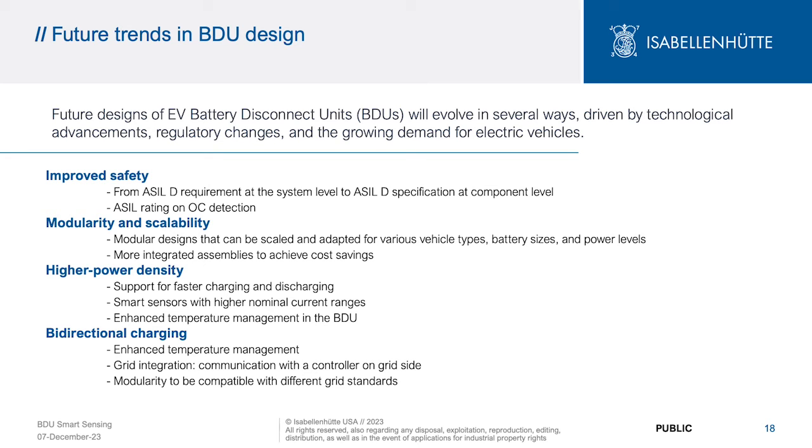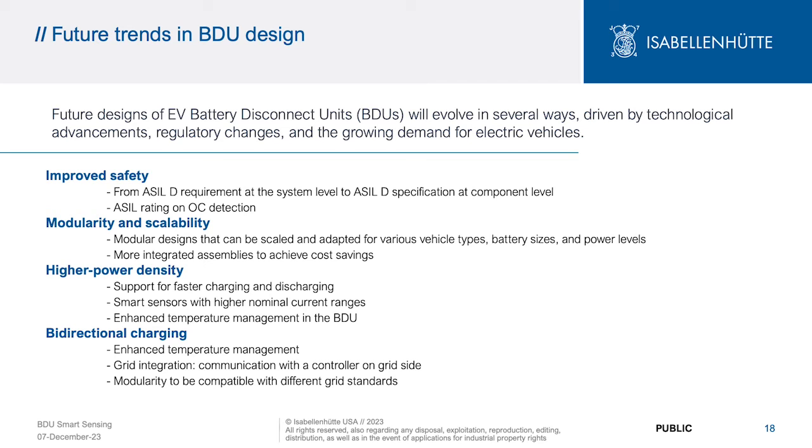So the current profile is not as demanding with regards to the current load. While when we talk about charging or discharging or bidirectional charging, the current load is typically higher for a longer period of time. So there also we see the need for enhanced temperature management.